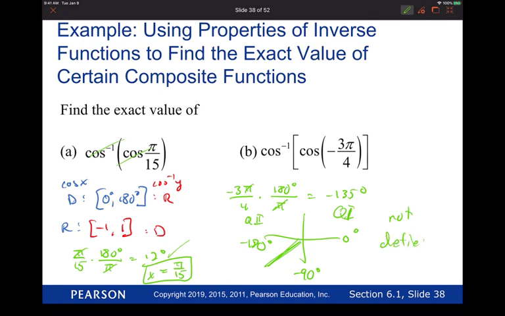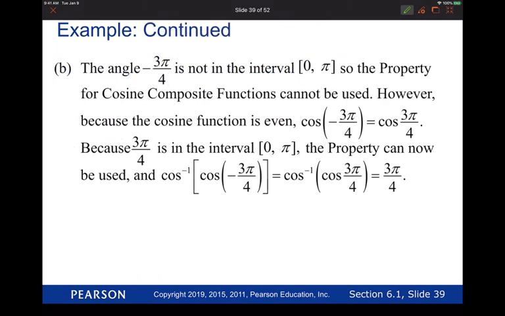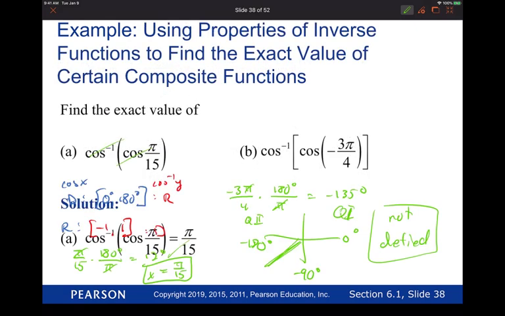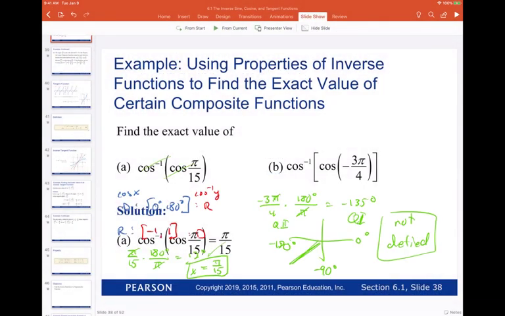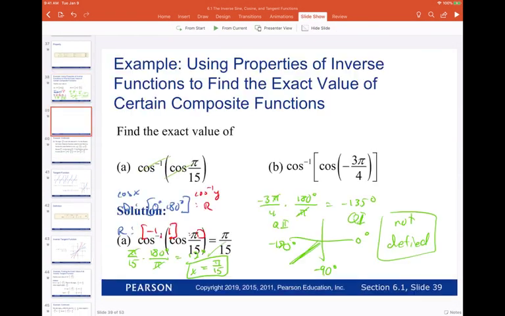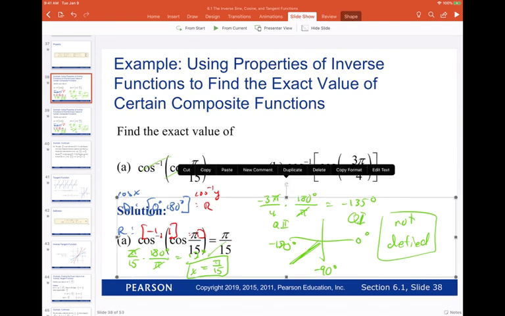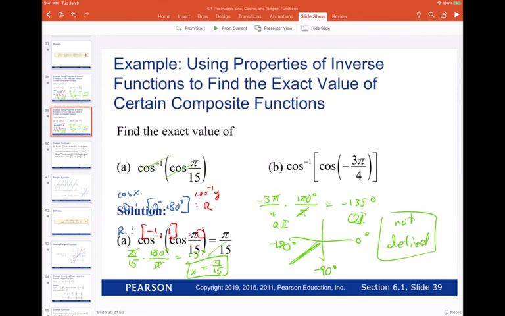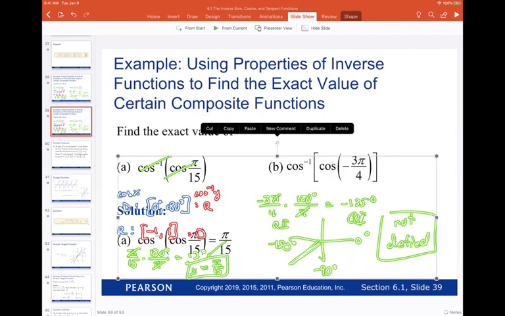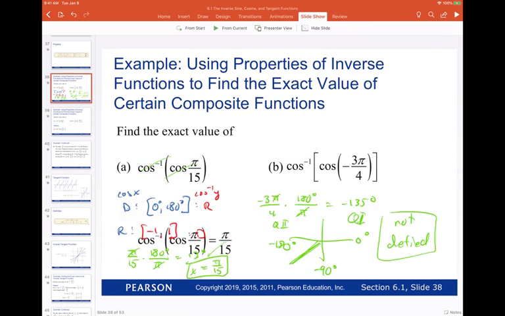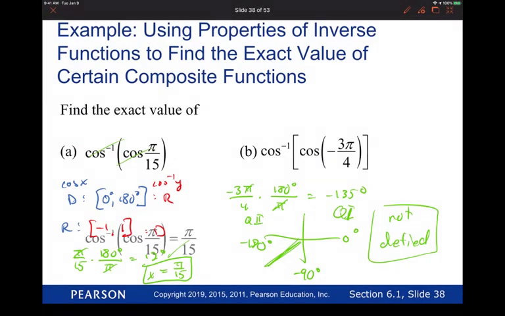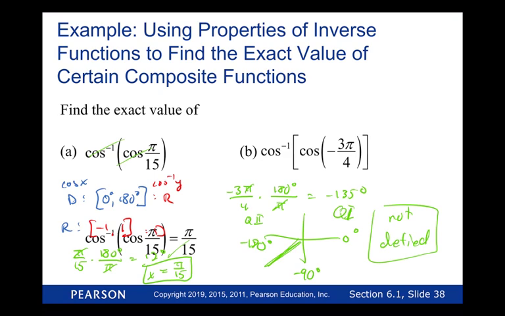The reason we use 0 to 180 instead of -1 to 1 is because the cosine on the inside is our inverse.